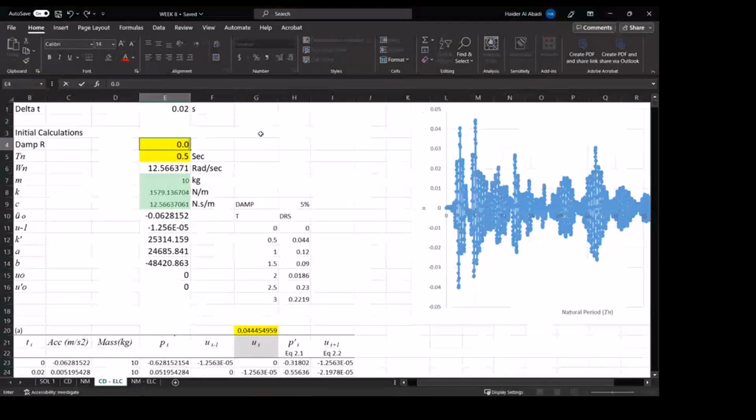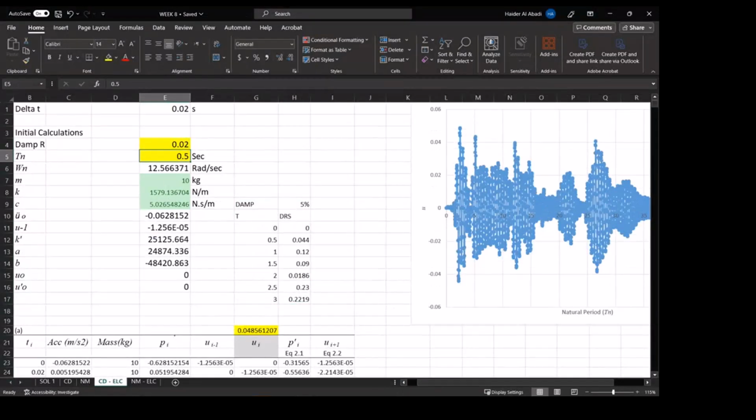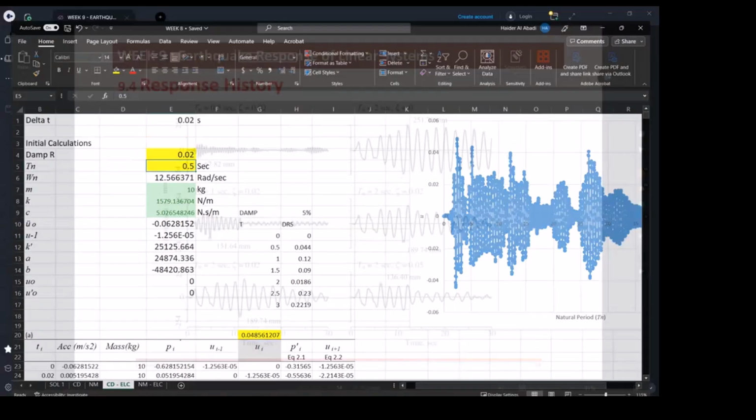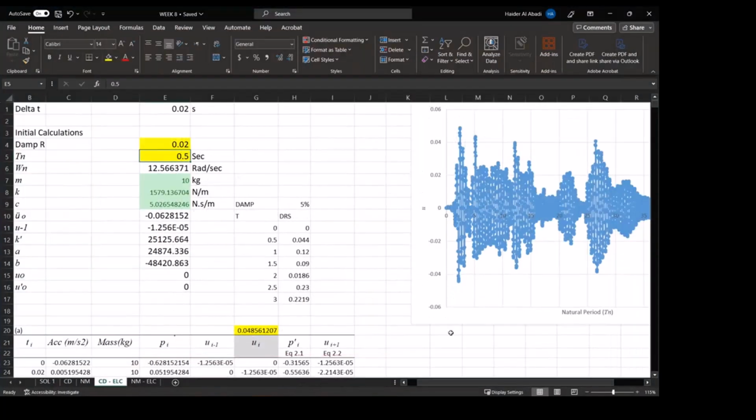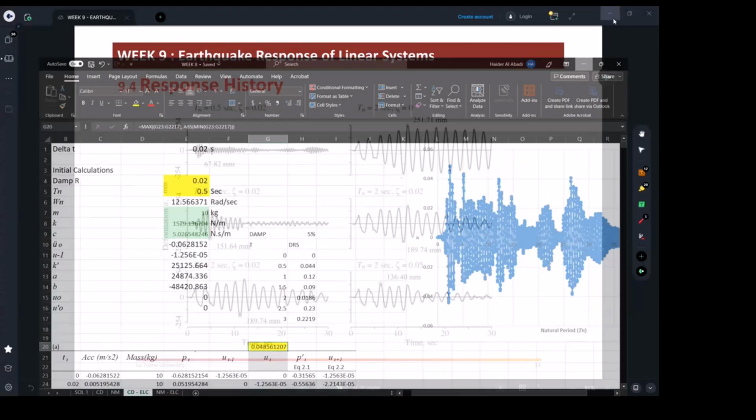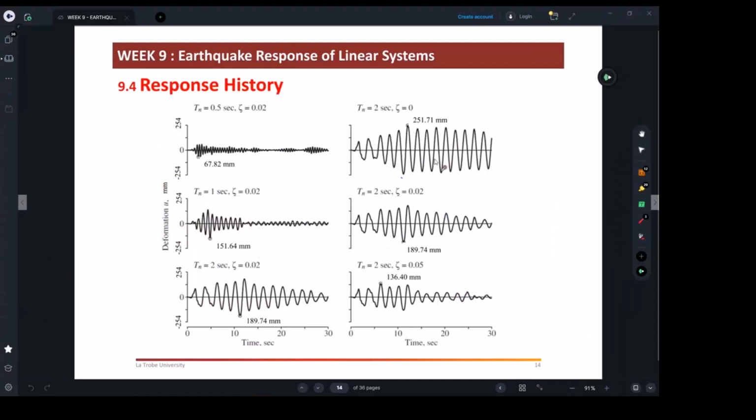So the damping was 0.02, and what was the time period? 0.5. So this is what we're getting here, which is 0.01, 0.04.